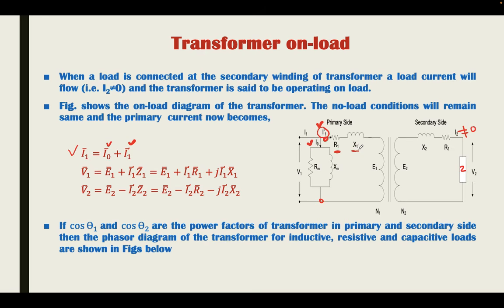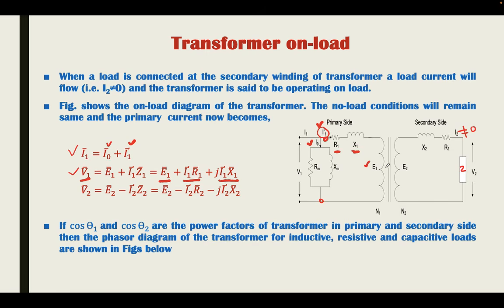The voltage drop in this resistance, the voltage drop in this reactance, and the back EMF: the phasor sum of these three components. We know the phasor of E1, then the phasor of I1 R1, then the phasor of I1 X1. When we add these quantities as phasors, we can easily find the applied voltage V1.